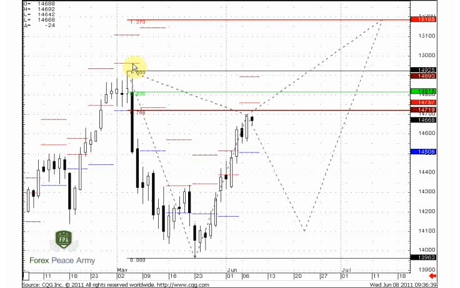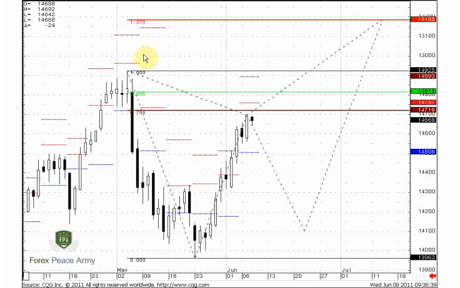The target of this butterfly is the 1.27 extension, which stands around 141.85. It's very close to our monthly target around 142.50 and also to the weekly target. Also in that area stands the weekly level of overbought. So this will be a very significant medium term target.